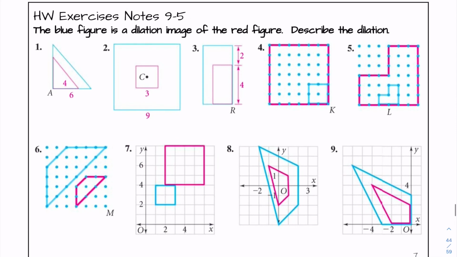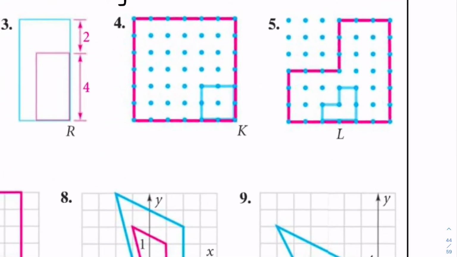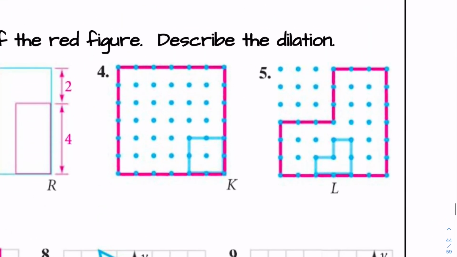So now you are on your homework. Just be careful. I want you to be careful here. For numbers like 4, don't count the pegs. If you count the pegs, you'll get this. You'll get 1, 2, 3, 4, 5, 6, 7 pegs. It's not 7 pegs. It's the length, which is 1, 1, 1, 1, 1, 1.